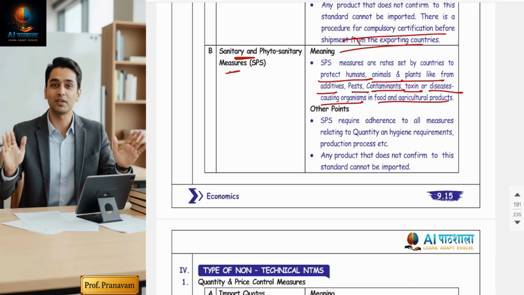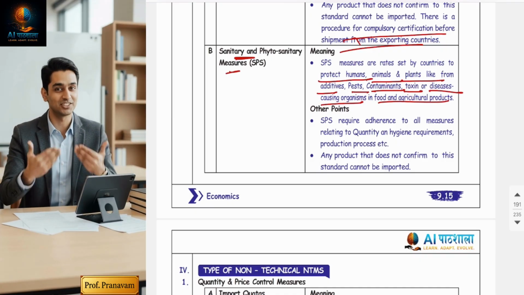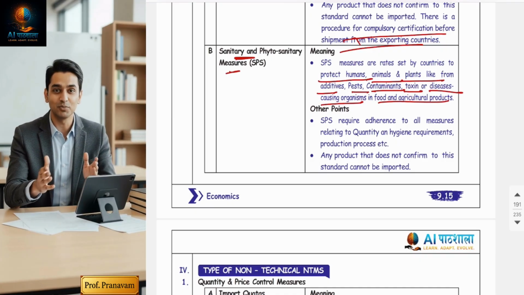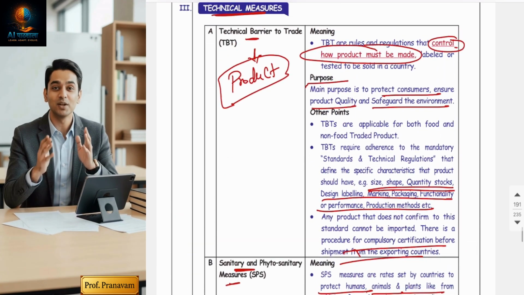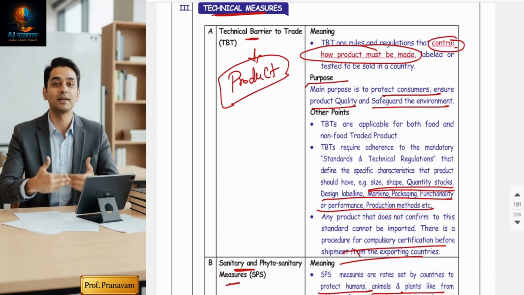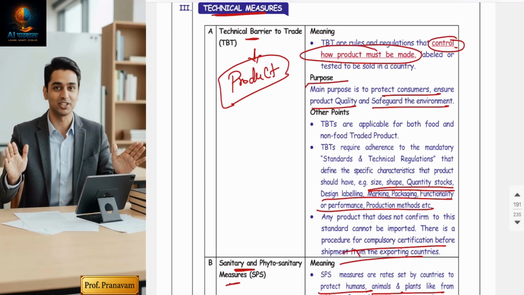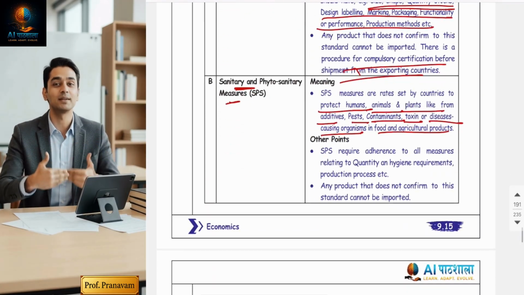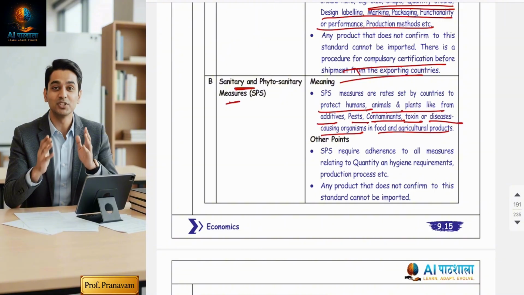SPS is talking about the content used in that food. TBT is talking about the production process, how that product should be made and what labeling should be done. But SPS is talking about the ingredients of the product.